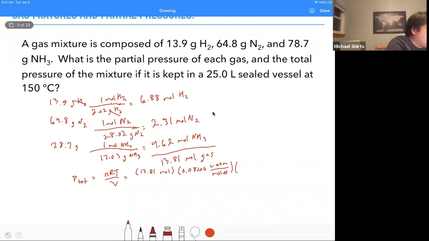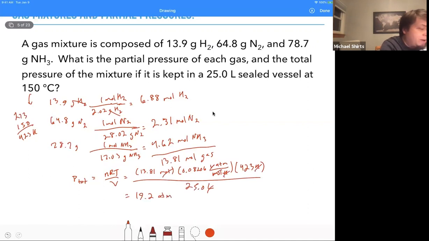And 150 degrees C, we have to add 273, gives 423 Kelvin. So 423 Kelvin divided by 25.0 liters. Moles cancel, liters cancel, Kelvin cancels. We're left with a pressure. We get 19.2 atmospheres, so fairly high pressure.